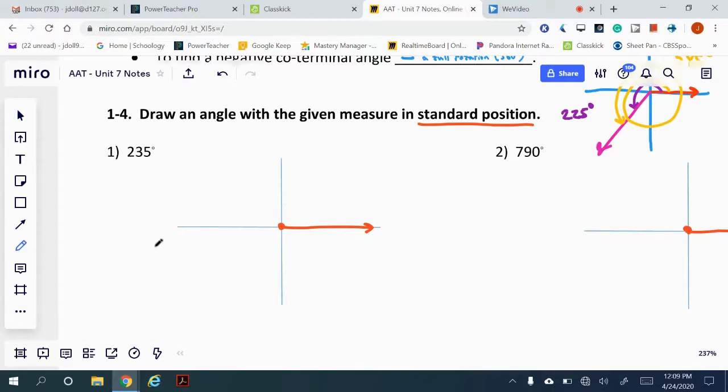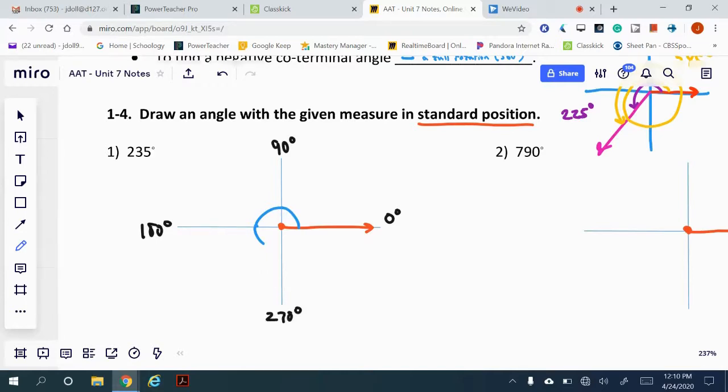So if I rotate here, it's 90 degrees. I rotate to the negative x-axis, that's 180 degrees. So then I need to keep going. Now, I'm going to end somewhere in this third quadrant, because if I went another 90 degrees, that would be 270. And one thing that might be helpful, guys, is to label the amount of degrees that each part of the axes of our coordinate plane gets you to.